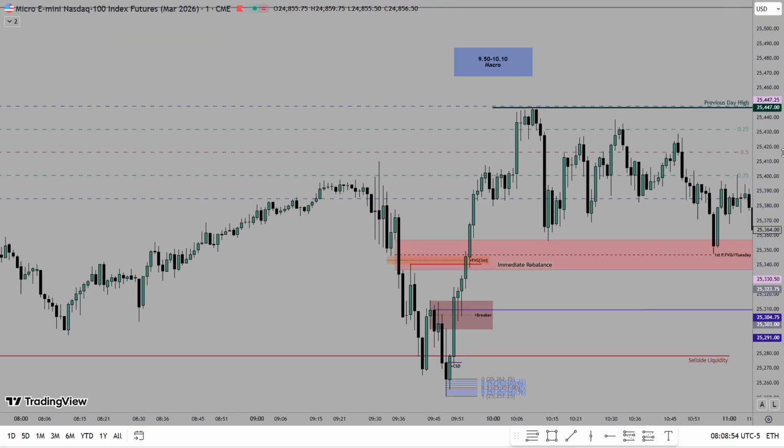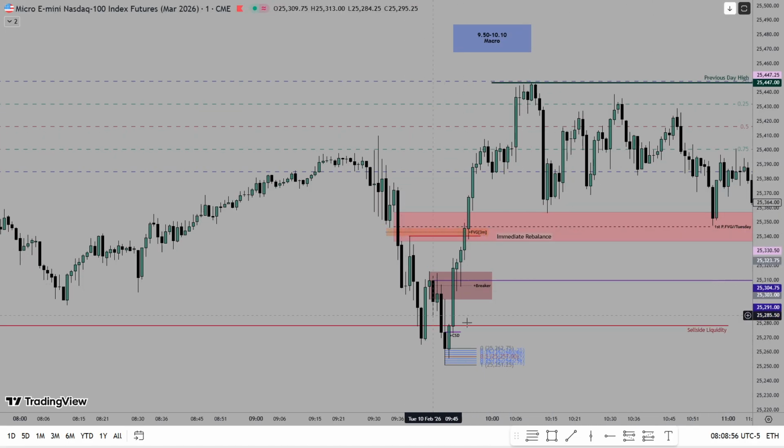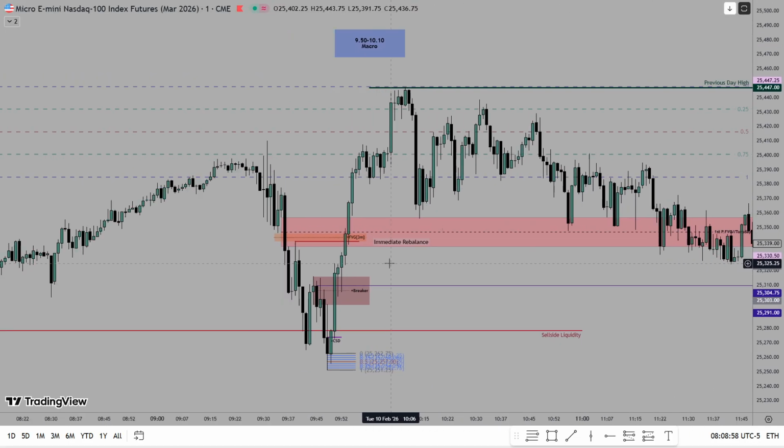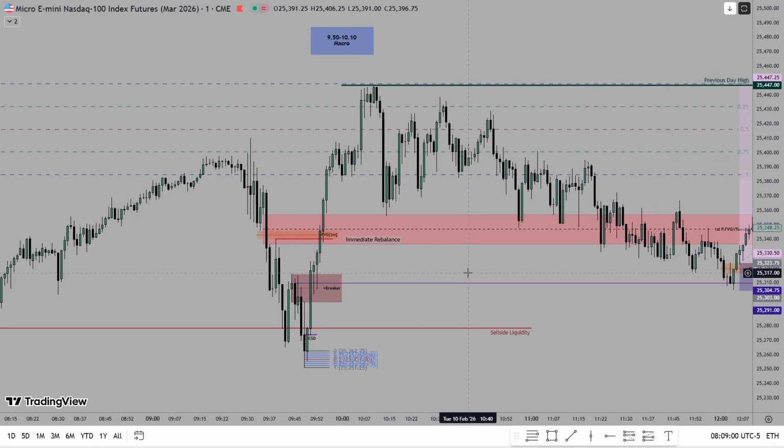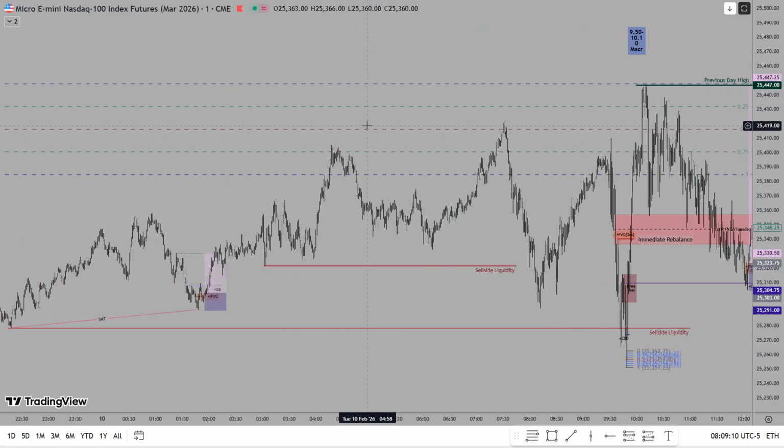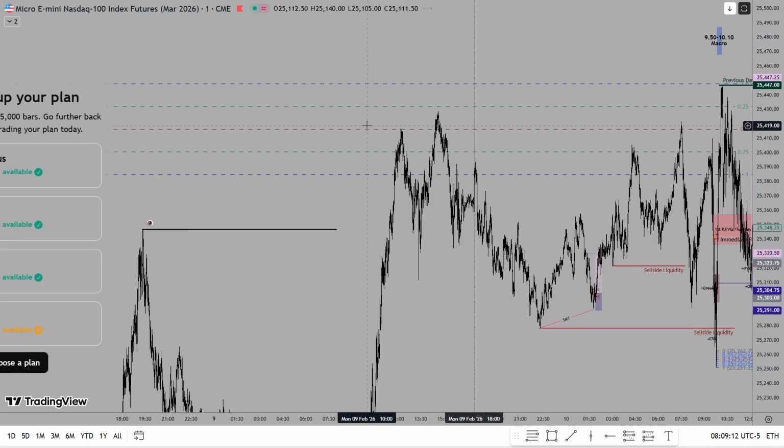This is the macro time. So these two setups formed in the image. Look how price shows the sensitivity inside this ORG gap. Look at it.